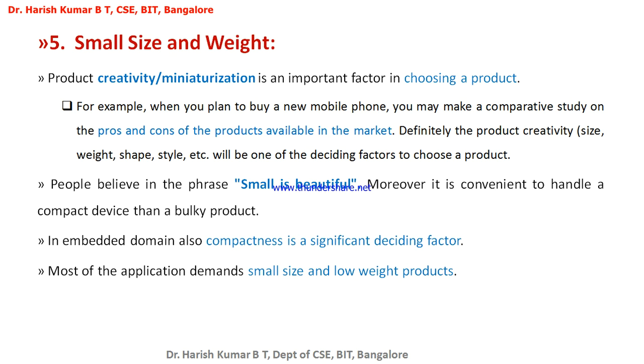When you do all this, definitely one important thing you consider is the size, weight, shape and style. This is what you look at while choosing a mobile phone for your own use.